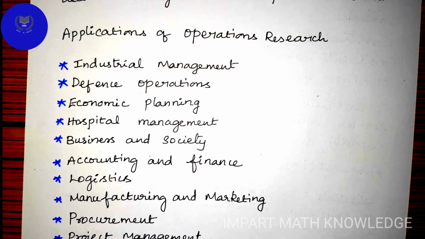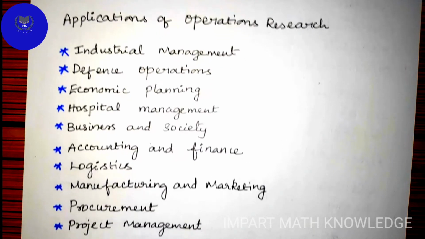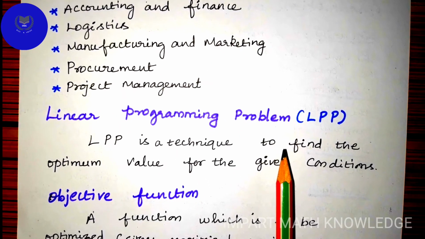Now let us move on to the techniques involved in operation research. There are some techniques, namely game theory, decision theory, queuing theory, network analysis, inventory model, simulation model, sequencing problem, scheduling problem, transportation problem, assignment problem, etc. Here I am going to explain the linear programming problem.